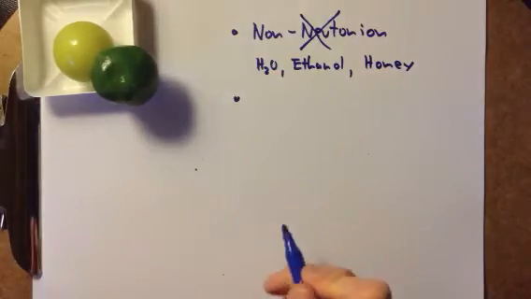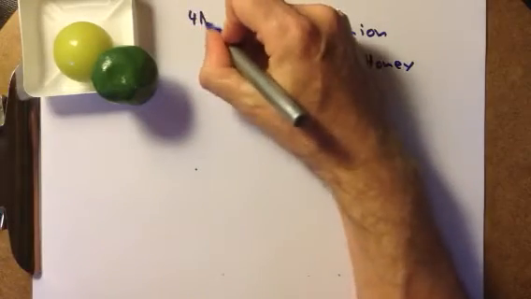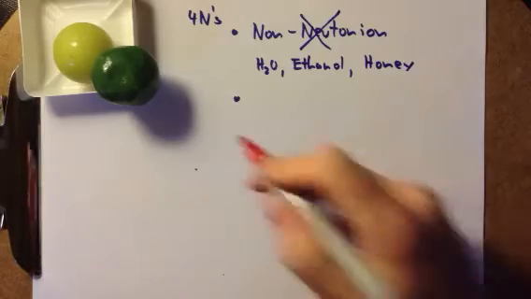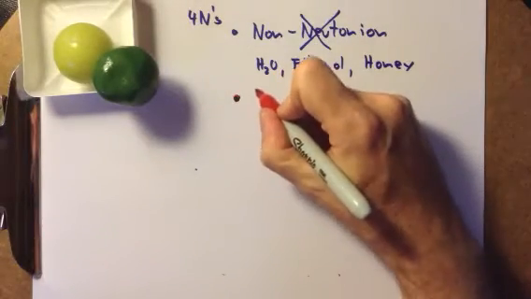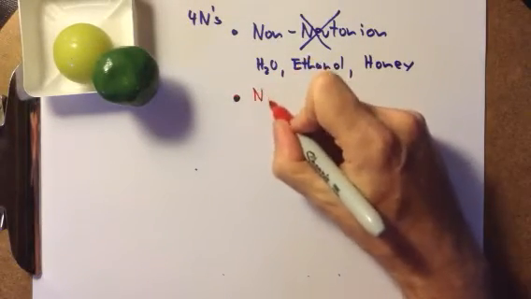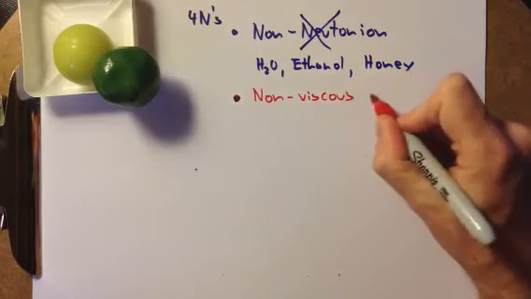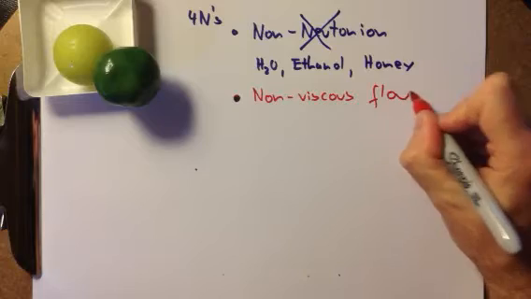That's one of the four n's. There are four n's to consider. The next n to consider is viscosity. We want non-viscous flow of our fluid.